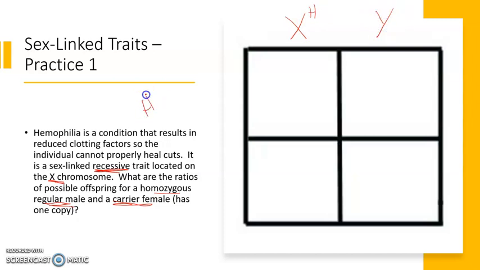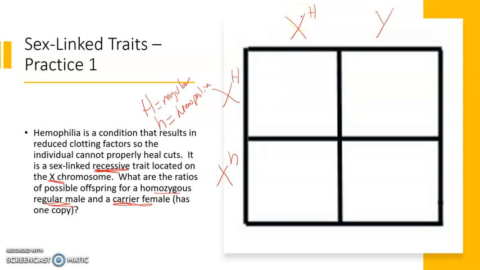The capital H is regular, and that lowercase h is hemophilia. I should probably have written that. So up here is our male, and over here is our female. And she is a carrier, so she has one capital copy and one lowercase copy.